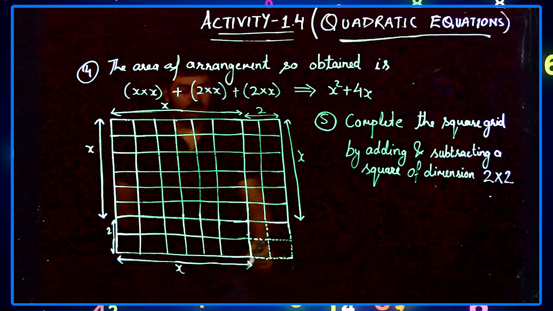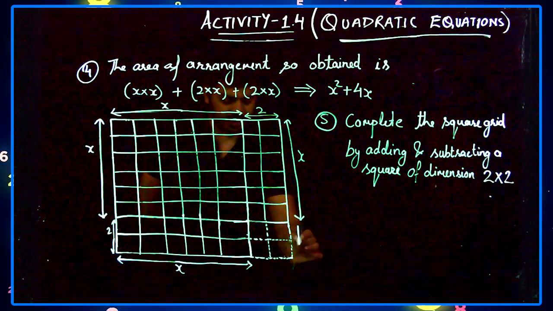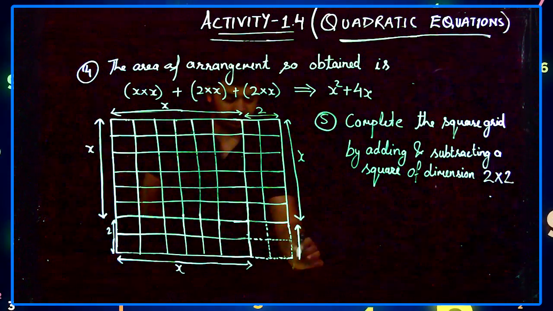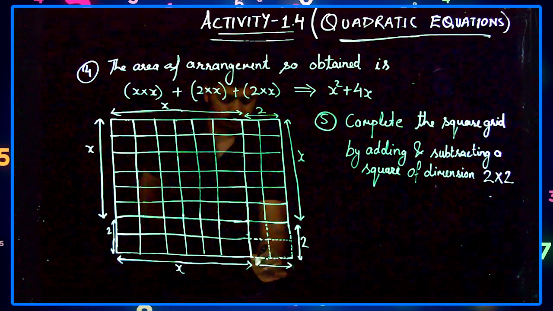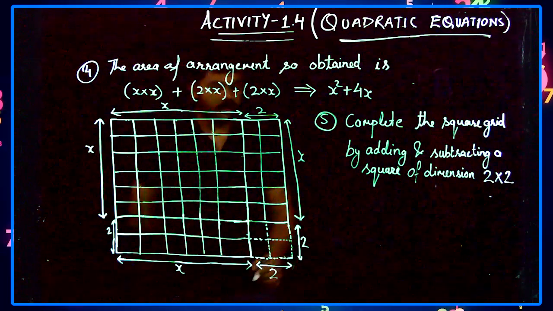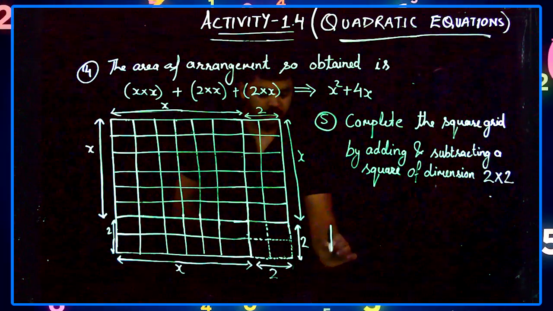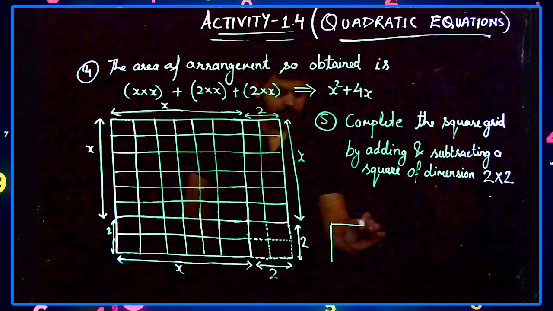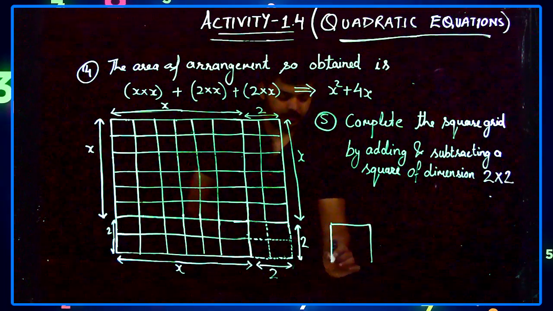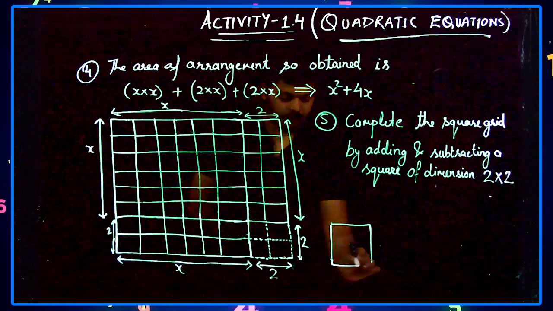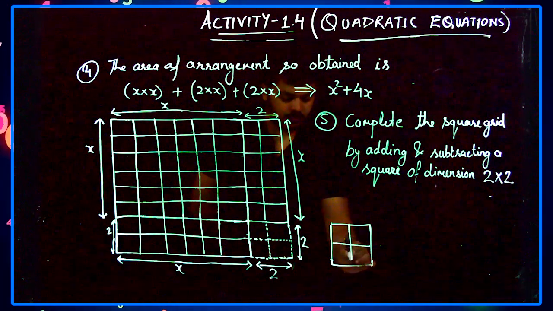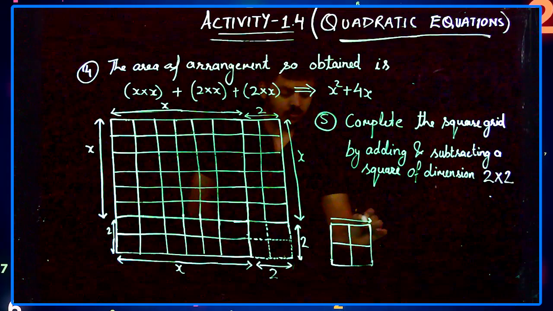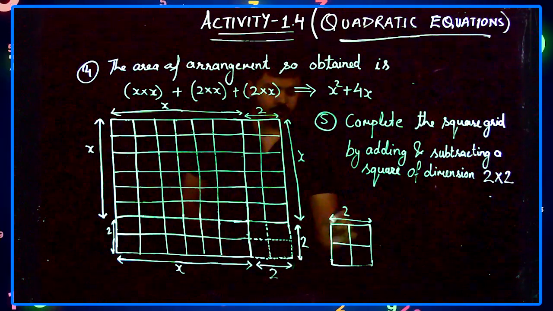In this way, we complete the square by adding a square of dimension 2 by 2 and subtracting a square of dimension 2 by 2.